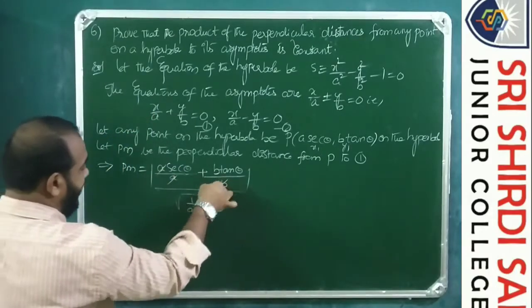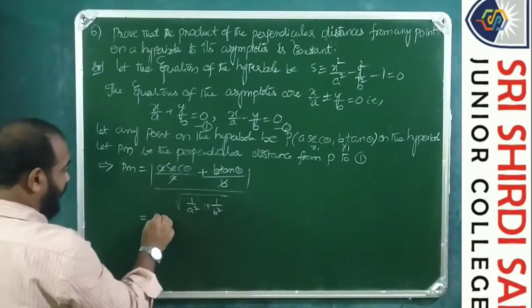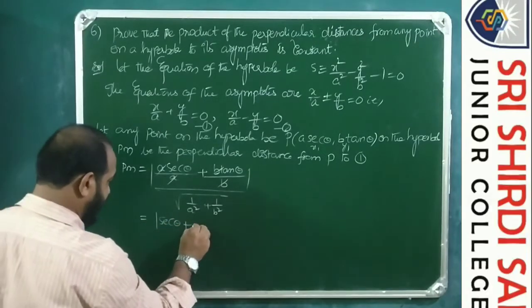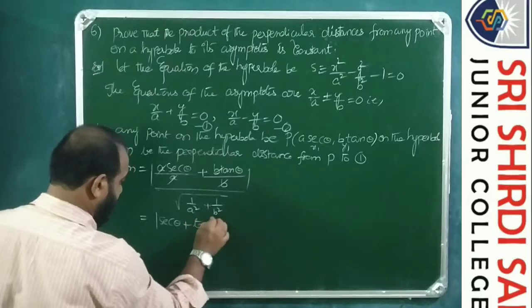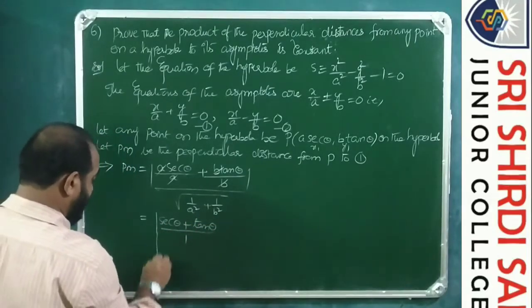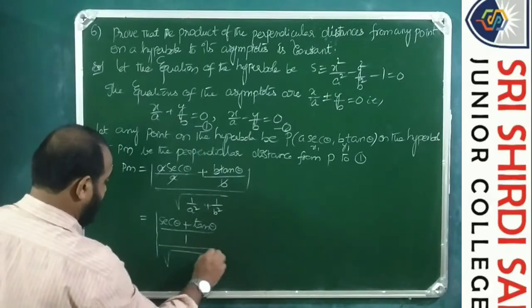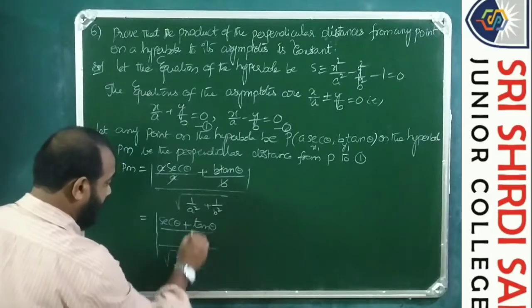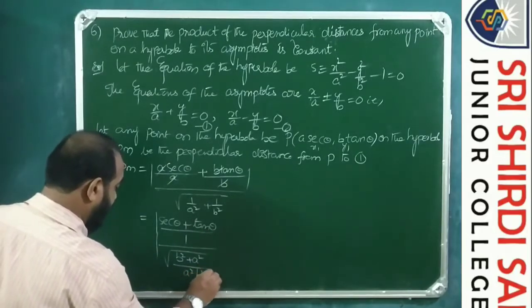Taking the LCM, this equals b square plus a square by a square b square.